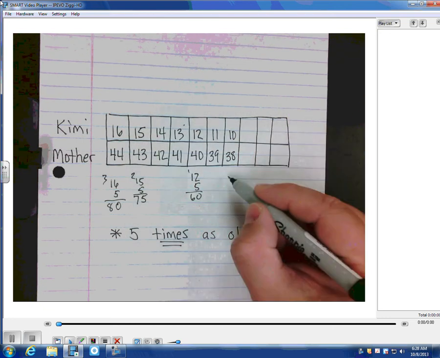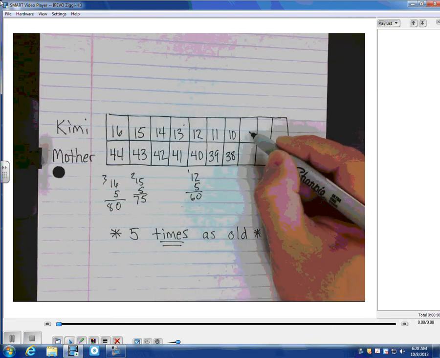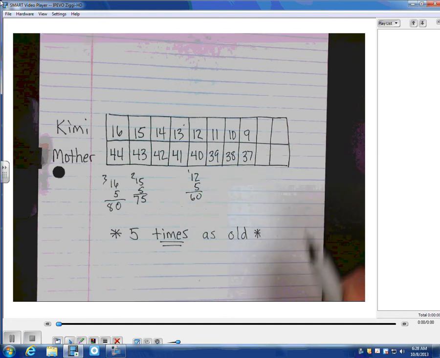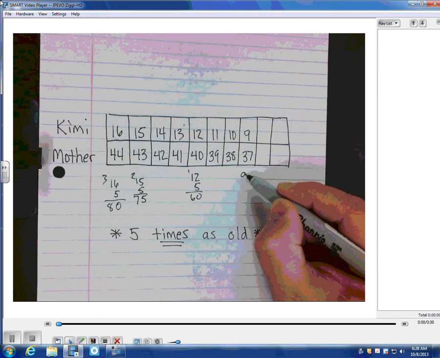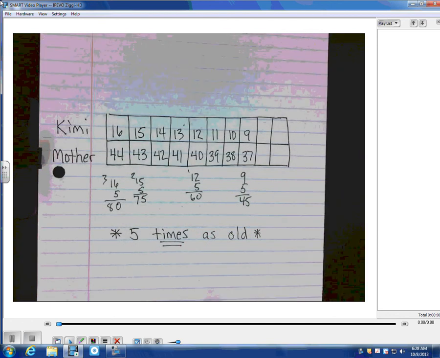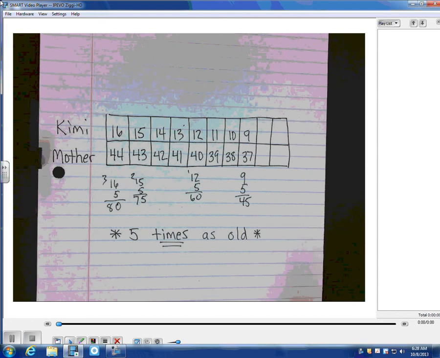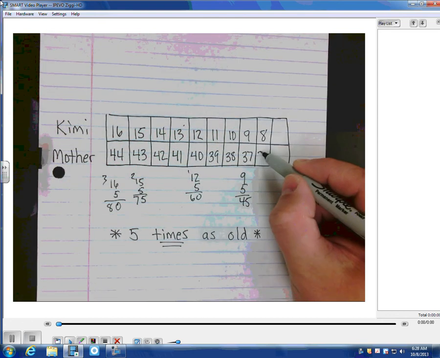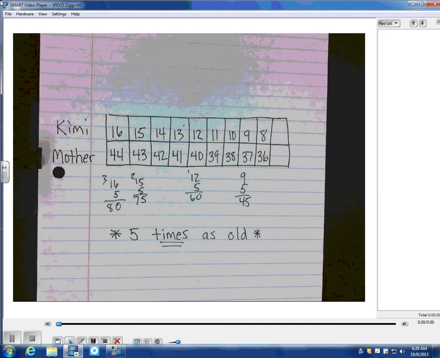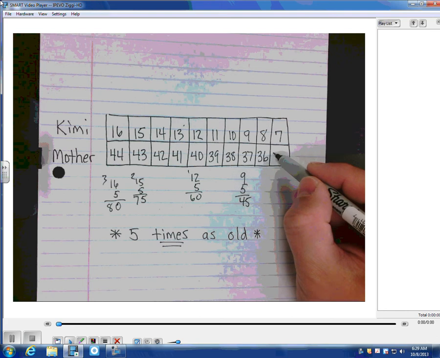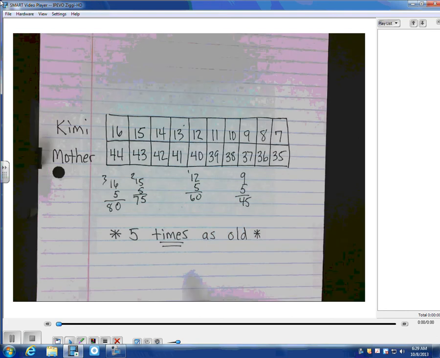When she was 9 years old, she would have been 37. If I do 9 times 5 here, that's 45. It's still a little off. She was 8 years old, she would have been 36. When she was 7 years old, she would have been 35.